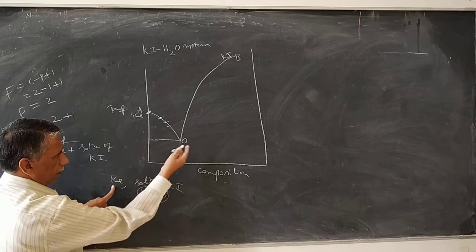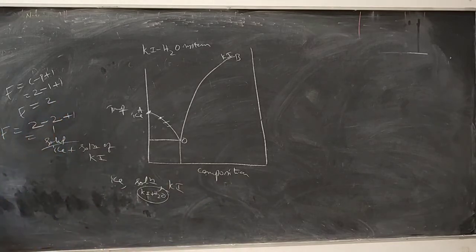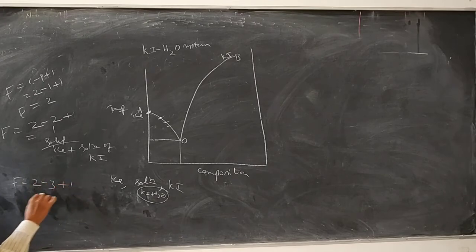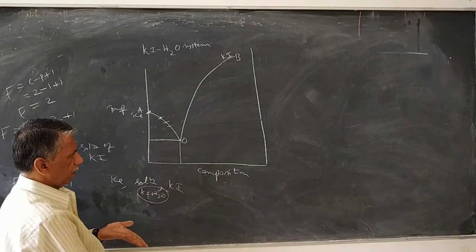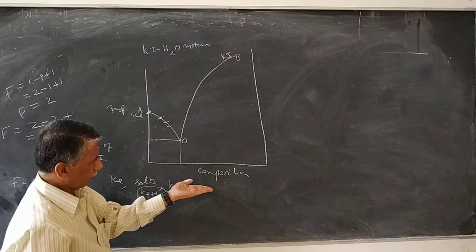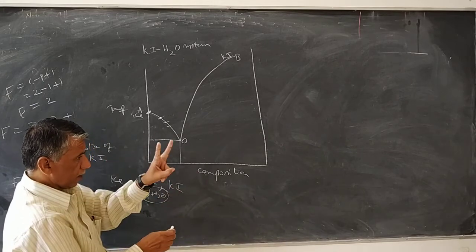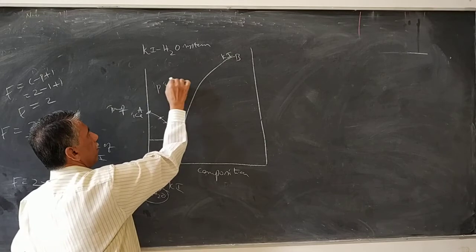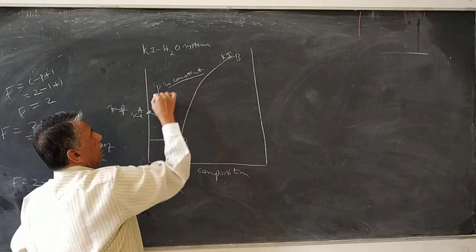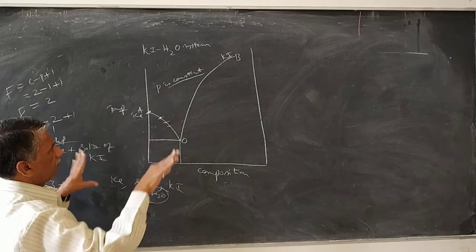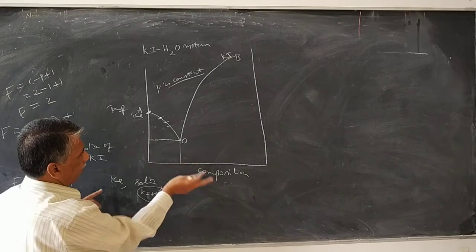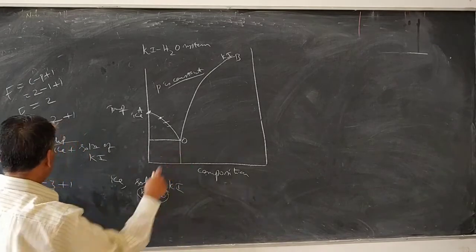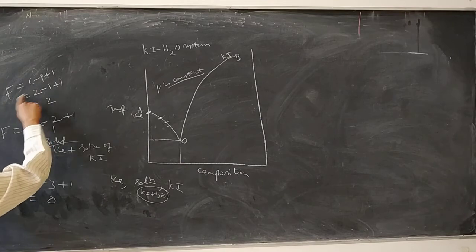So three phases are there, and you apply this phase rule equation: F equals 2 components minus 3 phases plus 1, which is 0. So to describe this point, you don't require either temperature or composition. In all these cases, the third variable, namely pressure P, is kept constant. That is the standard thing you have to remember. And these diagrams are called TC diagrams. Therefore, I am applying only the condensed phase equations.